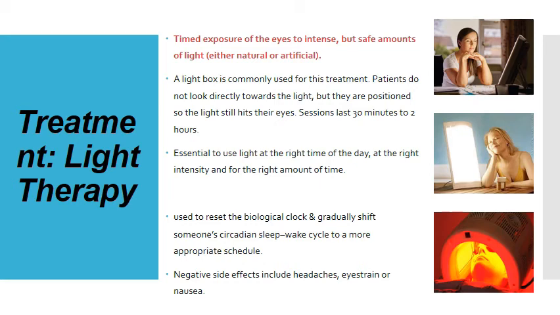That can be either natural light or artificial. It tends to be artificial. What's commonly used is a light box, and you can see images of light boxes to the right. Patients don't generally look towards the light directly, but they are positioned so the light can still hit their eyes.